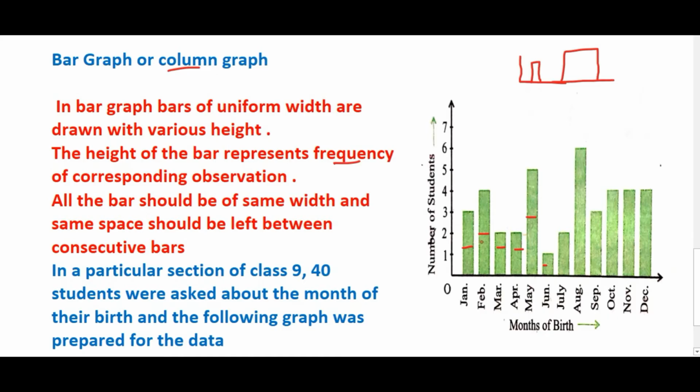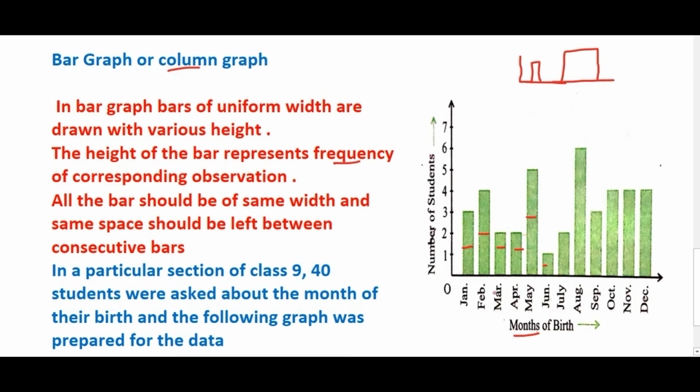And we can see that the variable will be marked on the x-axis and the value of the variable will be marked on the y-axis. Here the variable is different months and the value of the variable means the number of students whose birthday falls in the month of January. So the number of students is the value of the variable and the variable is month.